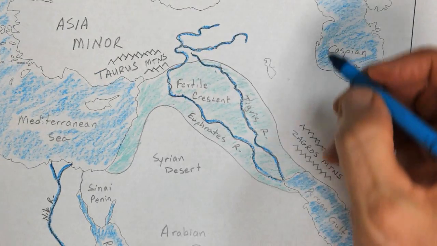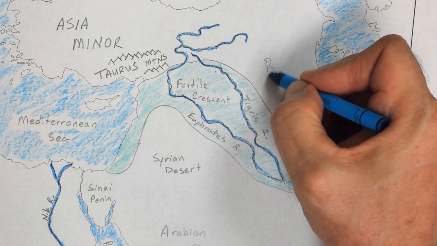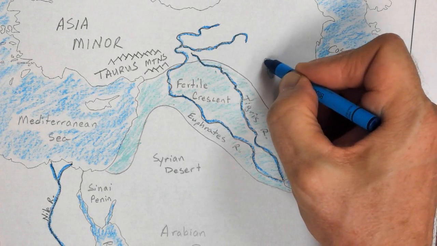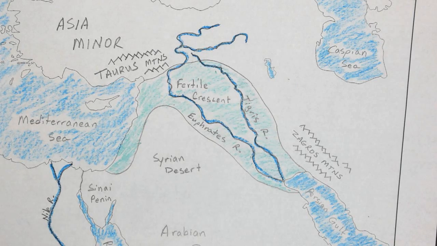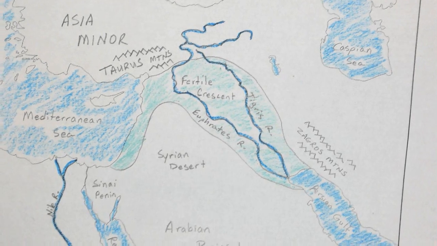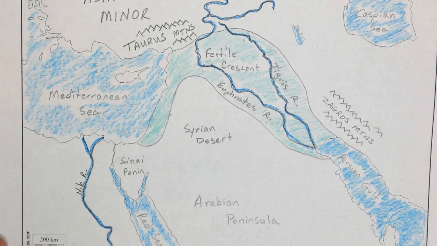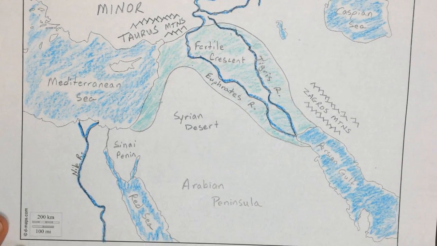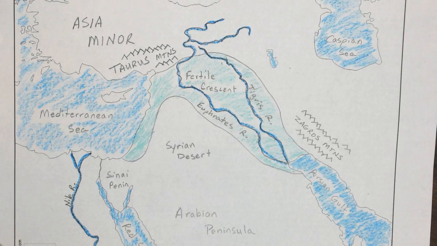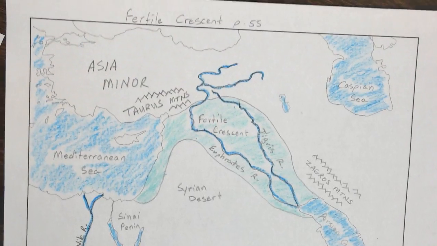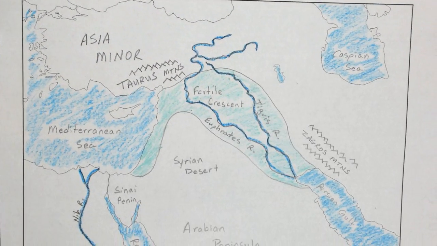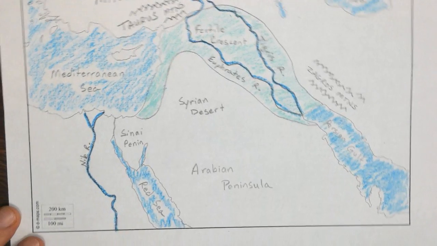Oh, look here. There's a little body of water right here, just above here. Color that blue. Now, once you finish that, double and triple check it. You got only seas are blue. Everything else is still white.